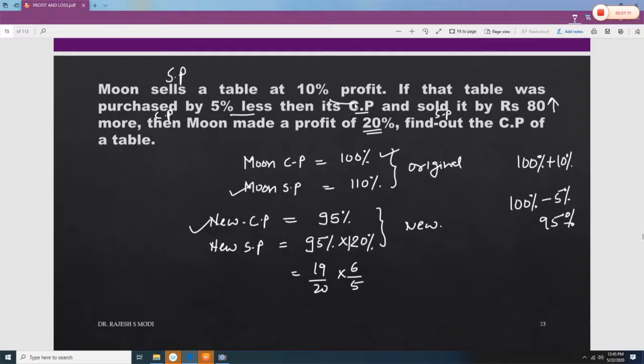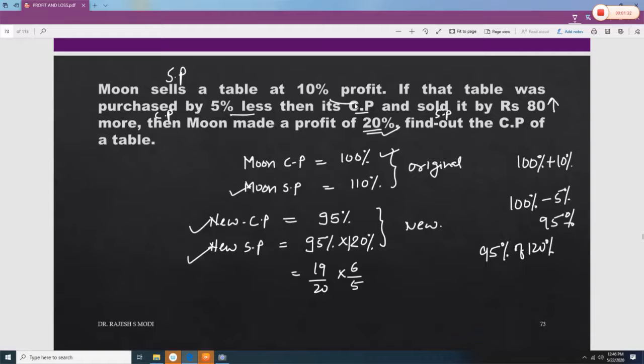And sold it for rupees 80 more, she made a profit of 20%. So now she is going to make 95% of 120%, because 20% more. So this is the new SP. Okay, so 95% into 120%.